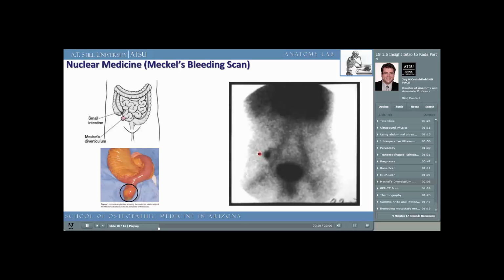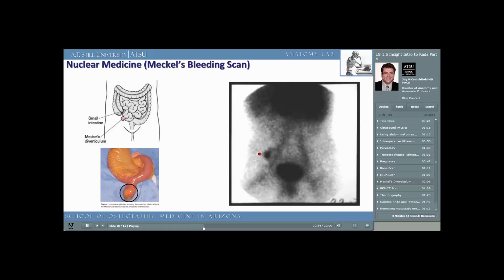Complications of a Meckel's diverticulum include bowel obstructions, bleeding, and volvulus, known as twisting of bowel, even around the Meckel's diverticulum. It can, but doesn't have to, contain two types of tissue found in other areas of the body. We call such tissue, which doesn't belong where it's found, ectopic tissue.